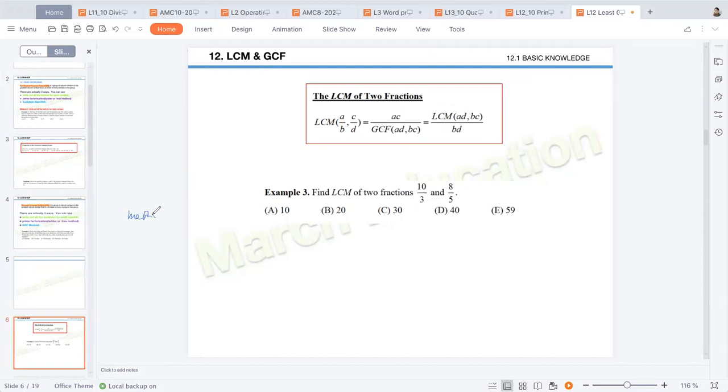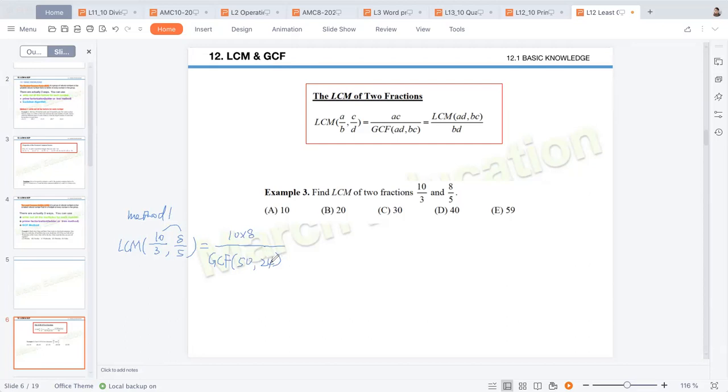Method 1. Least common multiple of 10/3 and 8/5. This should equal the multiplication of the two numerators, 10 times 8, and the greatest common factor of the two denominators. These two numbers are 10 times 5. 10 times 5 is 50. And 3 times 8 is 24.